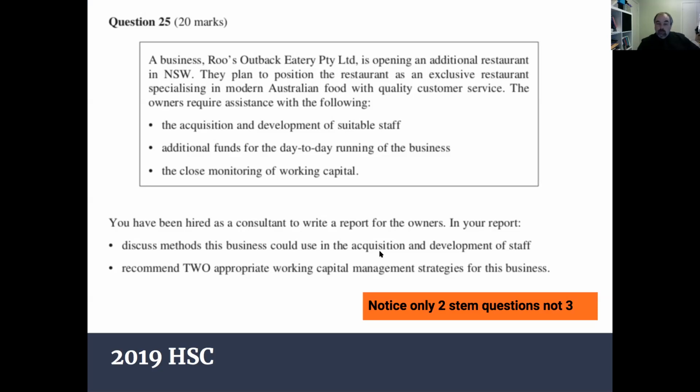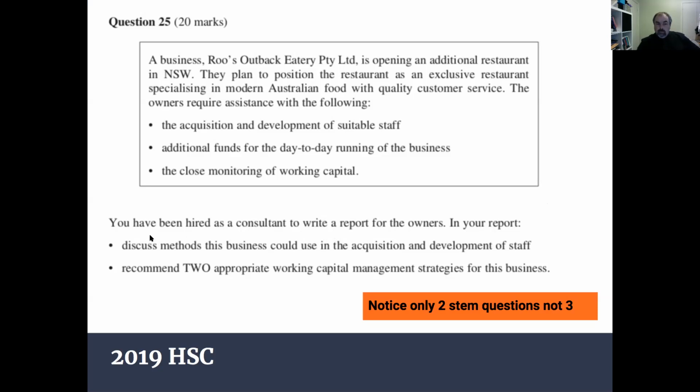What that tells us is that in the next section of the paper, HR and finance will not be tested. It will be marketing and operations. So you've got to know that, so you can anticipate which topics are being tested.